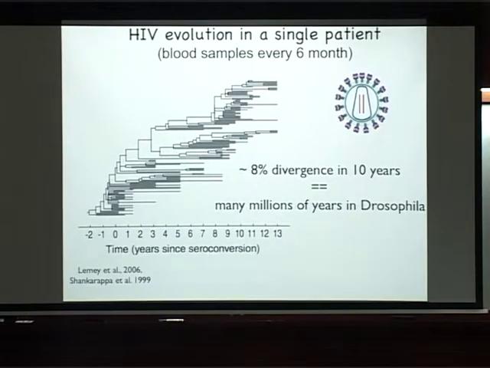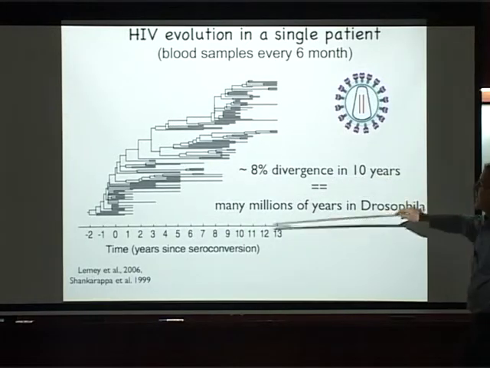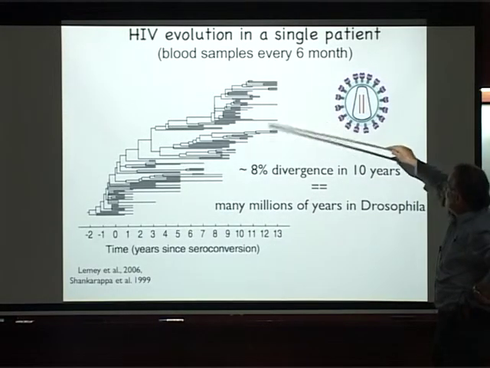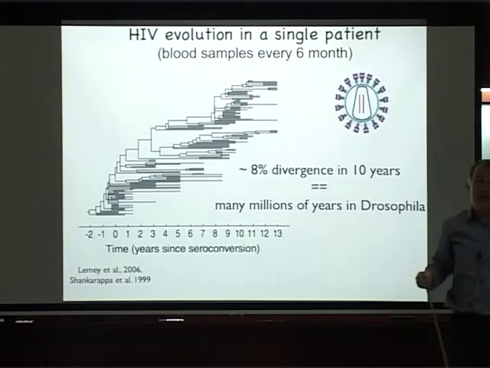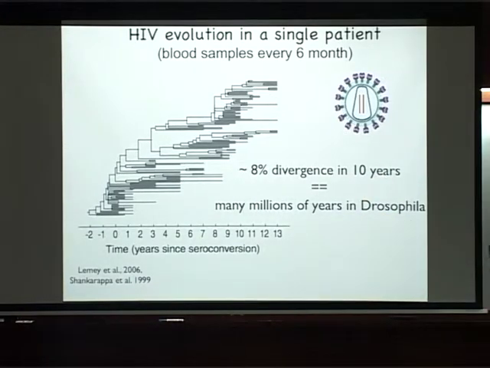And of course, basically what's happening here is the virus is mutating and evolving to beat the immune system, which is also evolving to adapt, or rather to destroy the virus. And the virus is adapting to avoid it. So in the course of 10 years, one sees something like 10% of divergence, nucleotide by nucleotide.